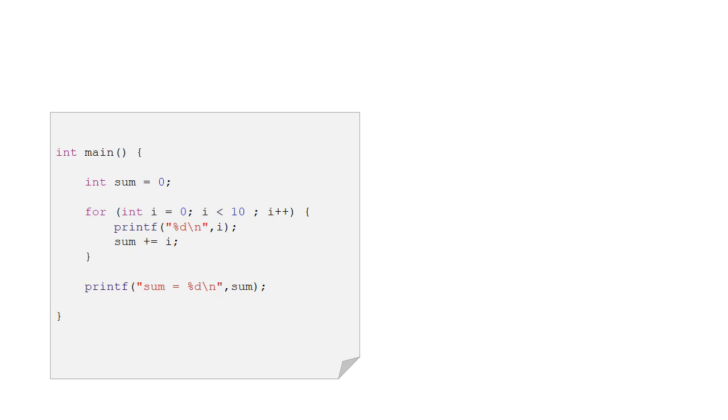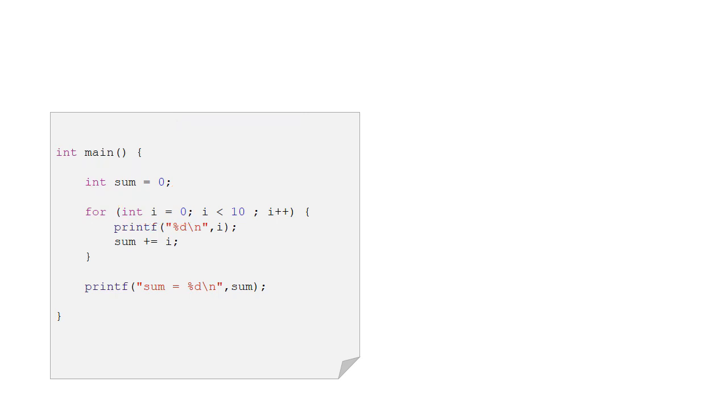So we can look here. This is the syntax. We can see this is our initialization part, so that's executed first. With this code, we create a sum variable initialized to 0. The next thing that gets executed is the initialization for the for loop.